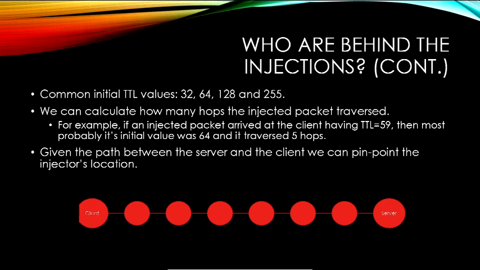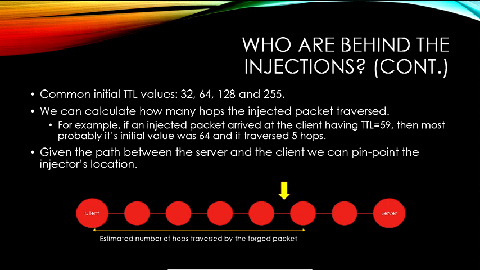If we know the path from the server to the client, and we assume that the injected packet was indeed triggered from along that path, we can estimate the location of the injector by simply counting 5 hops from the client back towards the server. It doesn't have to be very accurate, because we don't need to pinpoint the exact location of the injector. We just want to identify the autonomous system of the injector.